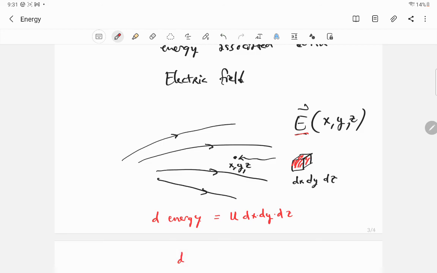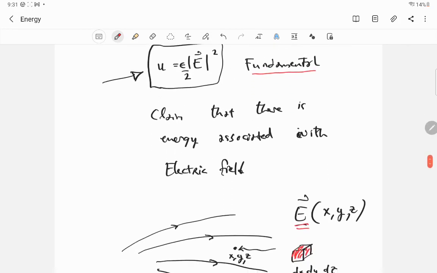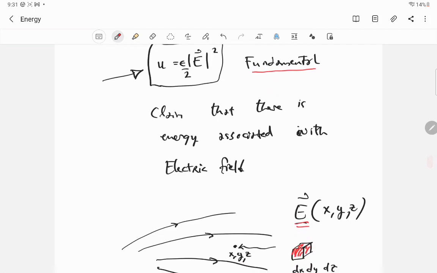So there is a small amount of electric potential energy that sits in that volume of space simply because this electric field sits in that small volume of space. And that's a fundamental claim on why an electrical system would have energy. The electrical system, in this understanding, does not have energy because electric charges are separated. The fundamental reasoning is that your system has electric field. That's why it has energy.